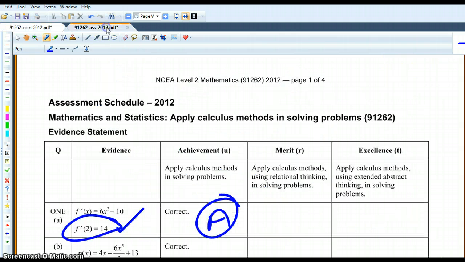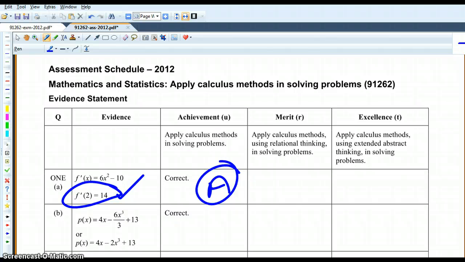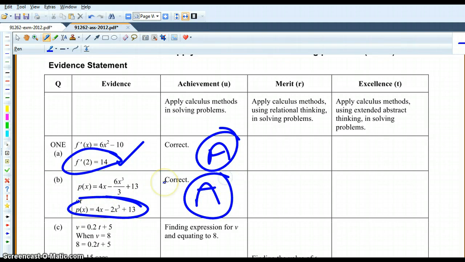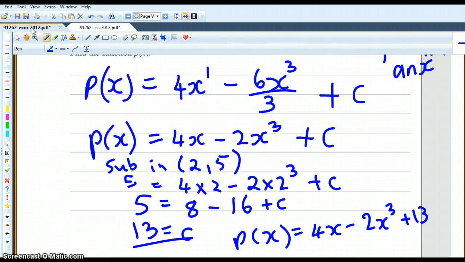Now let's have a look. That is correct. How would I actually test that on my calculator? I think that's a really good thing to do, is to actually test it.